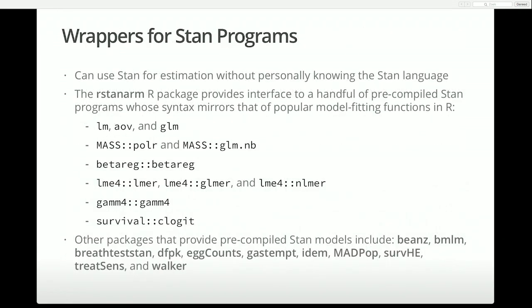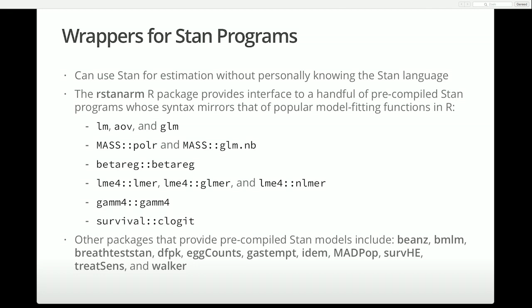So users can use RStan without personally knowing the Stan language if you have an R package that provides a wrapper. RStanARM was the first to go down this route, and it was hard to do originally because I was the one doing it originally, but I wrote tools to make it easier for everyone else to do.